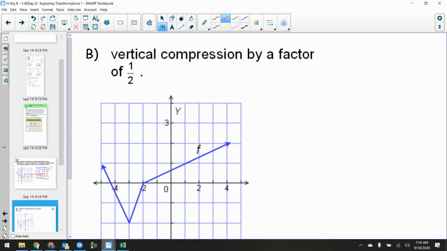Why don't you guys do this one? I'll give you a second or two here. I'm going to pick off these points for us all here. Looks like here's a good point. Here's a good point. Let's choose that one.